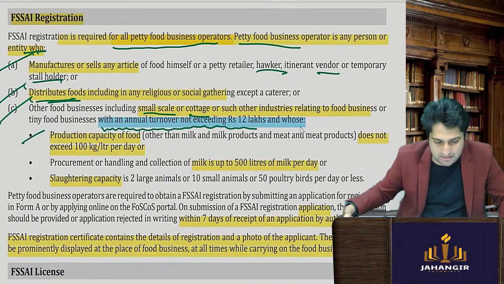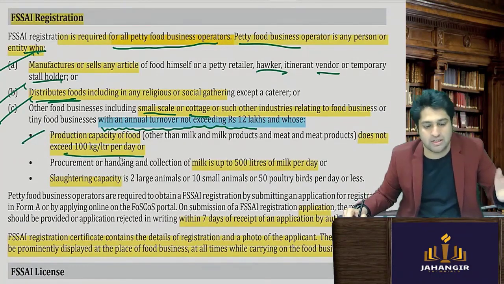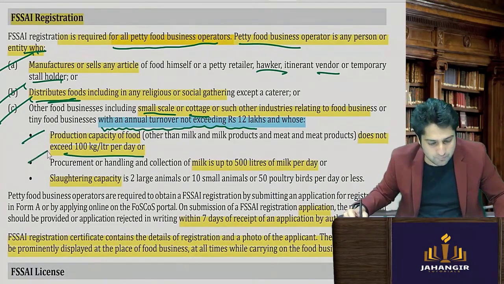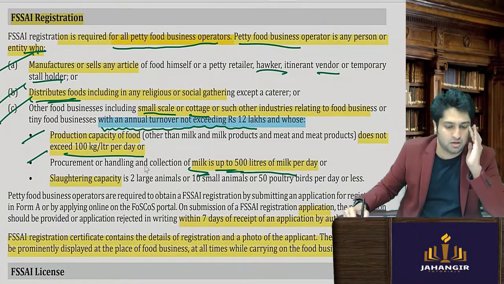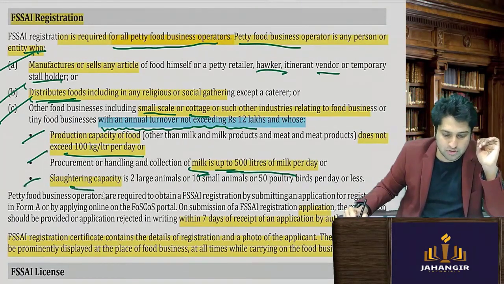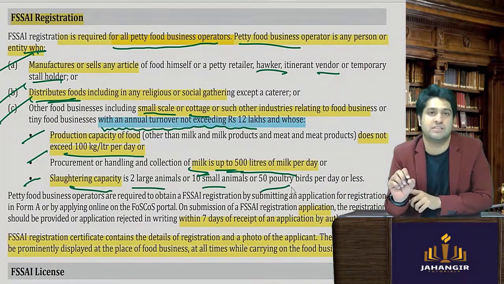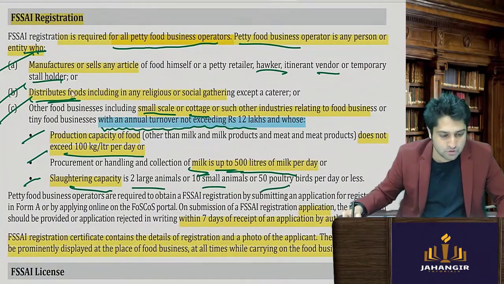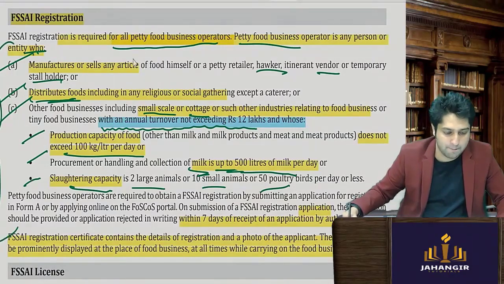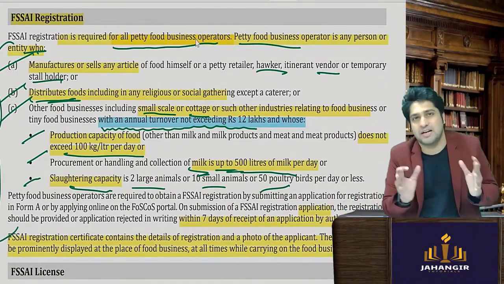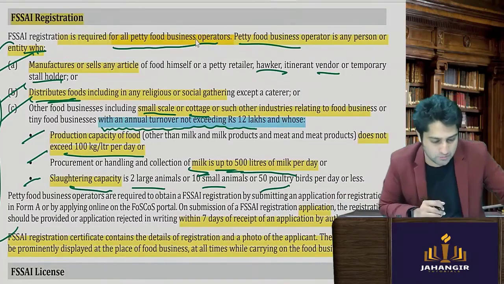Their production capacity does not exceed 10 kilos or liters per day. When they're dealing in milk, it is up to 500 liters per day, and for slaughterhouses, 2 large animals or 10 small animals or 50 poultry birds, whichever is less. So all these will be treated as small. Okay, so we'll have to sit and learn these limits, but it's important, they can ask you.